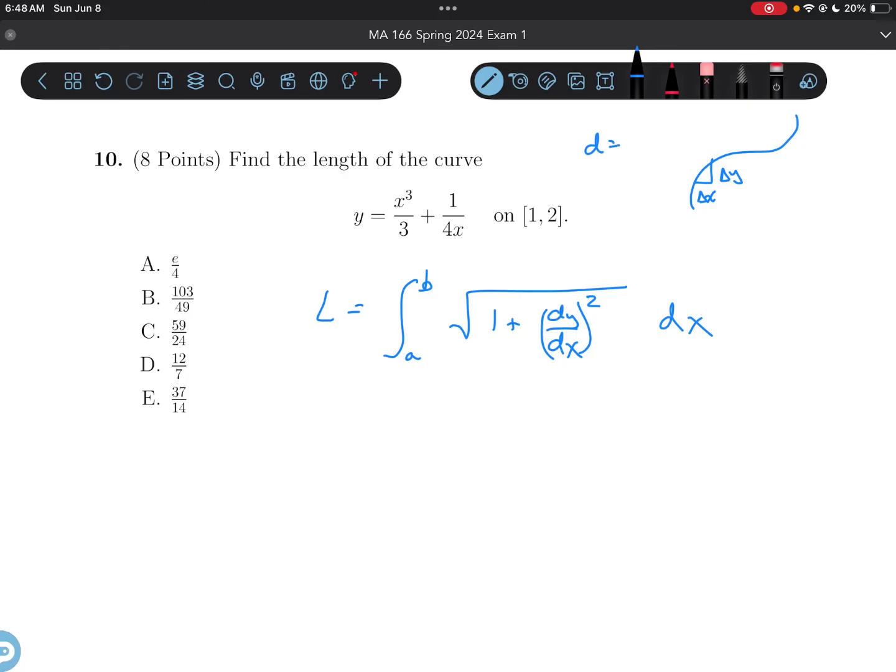Using the Pythagorean theorem, I get d is equal to the square root of delta x squared plus delta y squared.